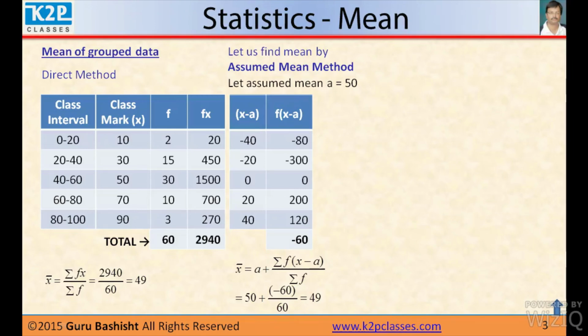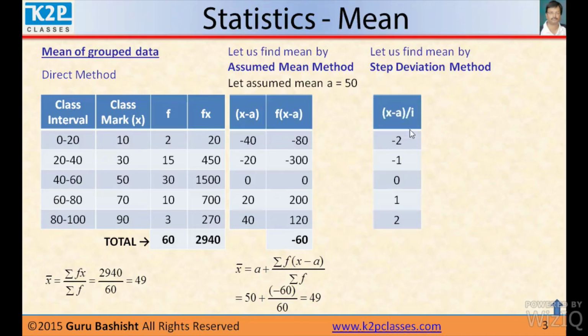Now we will again simplify the calculation, and it is called the step deviation method. What is the step deviation method? Like the deviation, we will see here. We will divide x minus a by the class interval. What is the class interval? The class interval is the maximum limit of the class minus the minimum limit of the class.